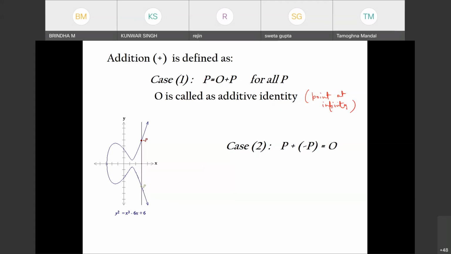So this addition is defined such that if you add with the point at infinity, you will get P. You can't express this mathematically, it is just how our addition will be defined. So in the coding part, if you add this one, you will get P.